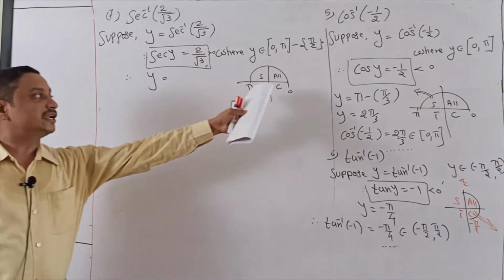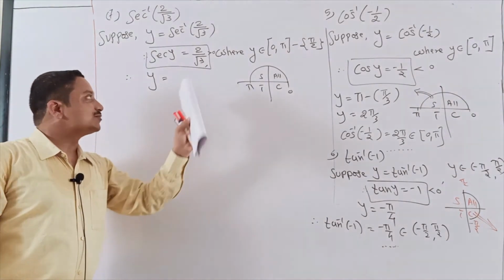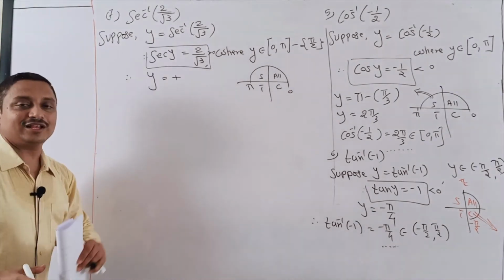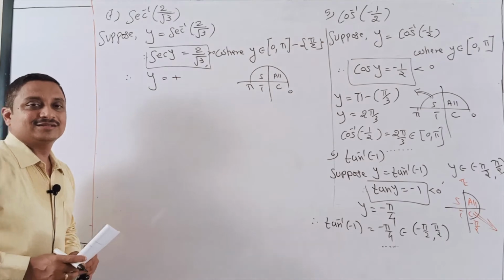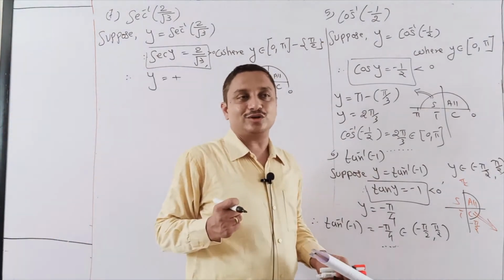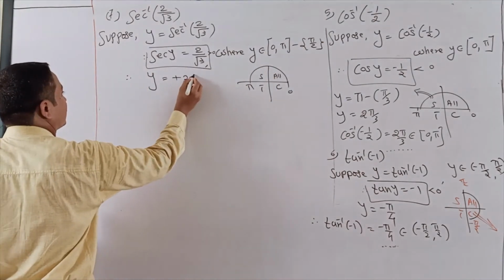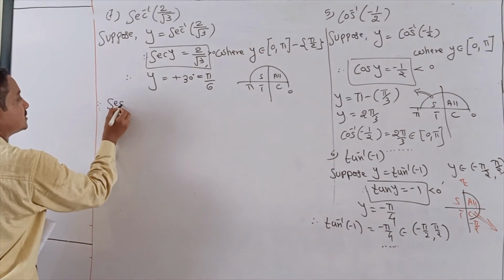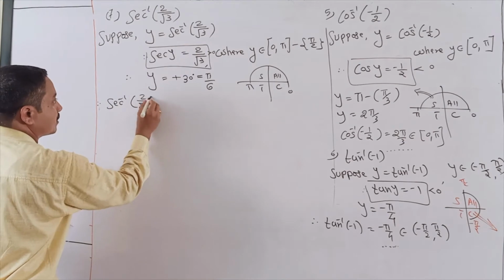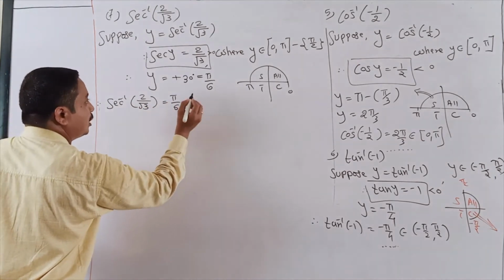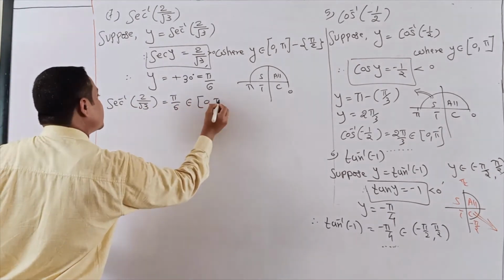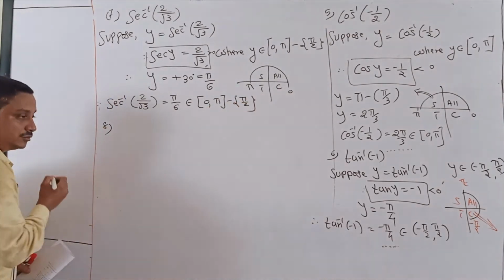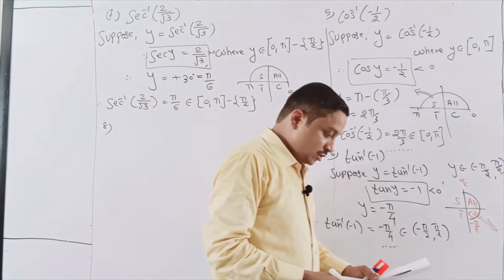Where is sec positive? First quadrant. That's why I write positive. And when sec is 2 by root 3, yes, cos 30 is root 3 by 2, so here 30 degrees means pi by 6. So finally done: sec inverse of 2 by root 3 is pi by 6, which belongs to our range, necessarily 0 to pi minus pi by 2. Next, question number 8.